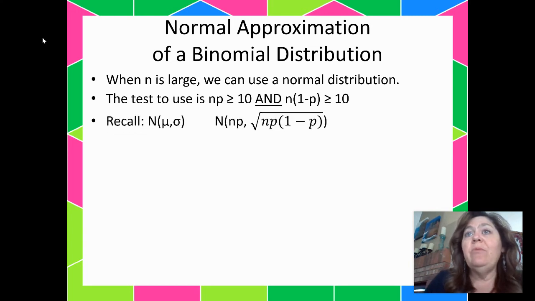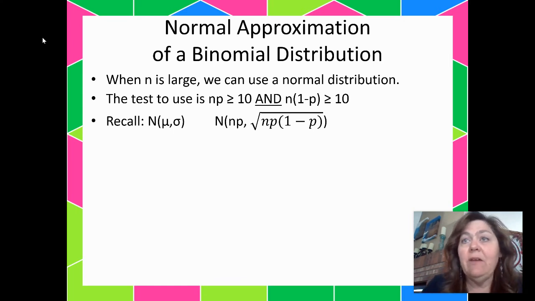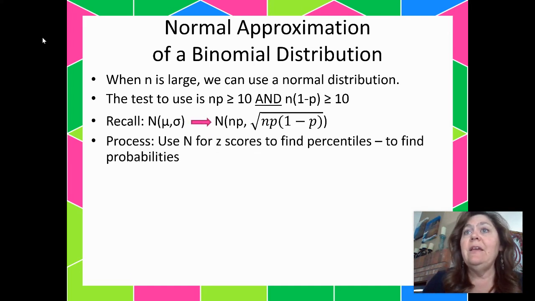So now we're running our normal setup using np as our mean, remember that's the mean of the binomial, the expected value we saw in the earlier slide. And the square root of n times p times 1 minus p is the standard deviation. So we're going to use that. Now you can go find z-scores.